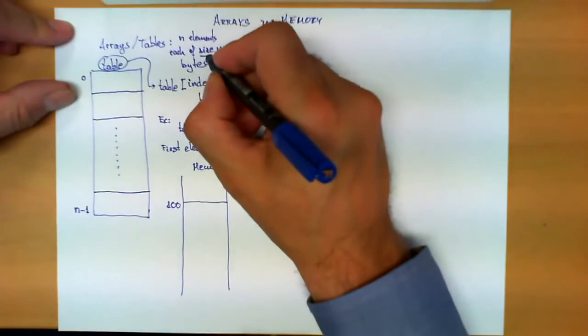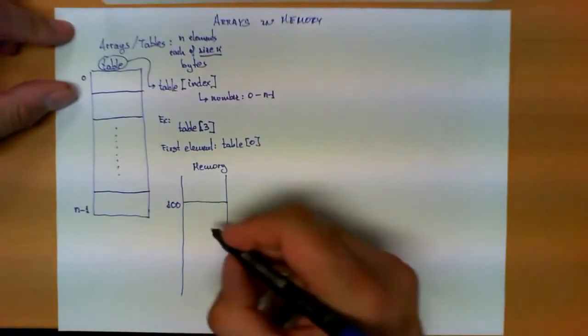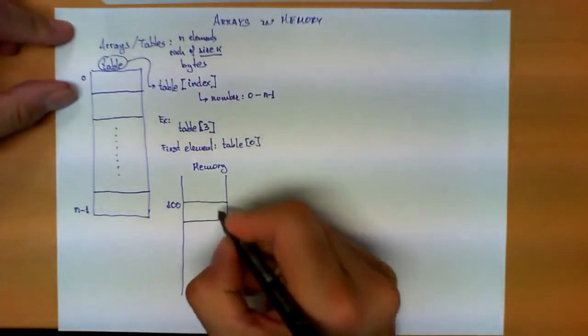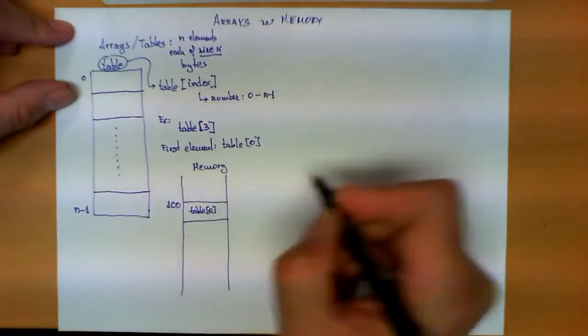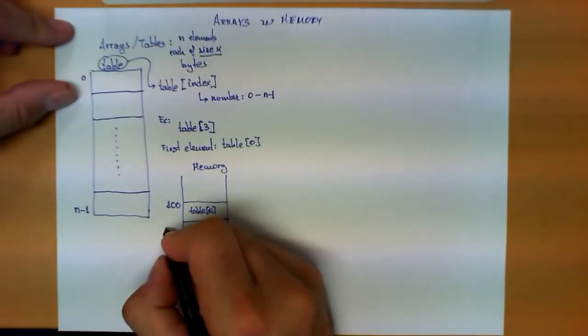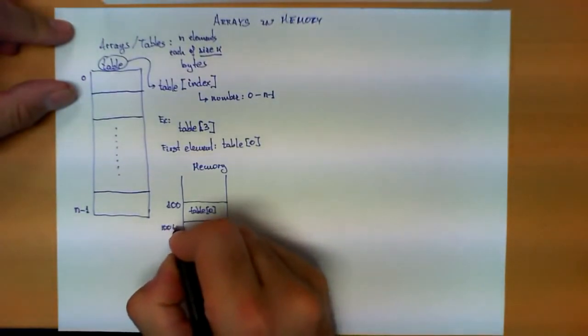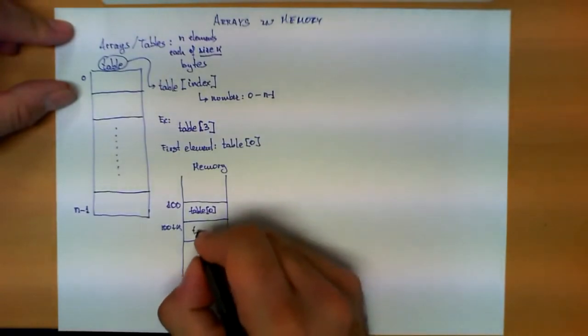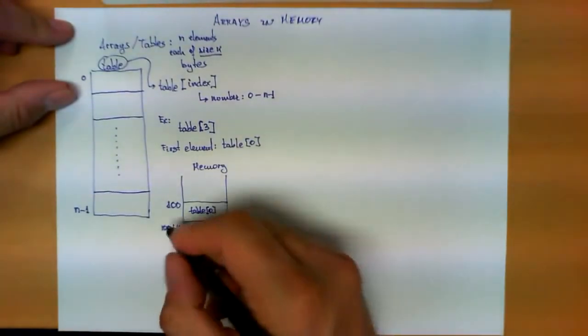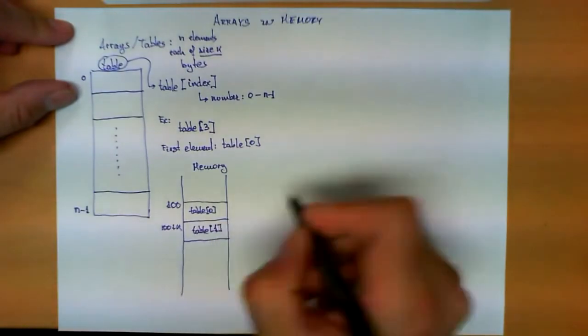Since we know that the table has elements of size k, the following element, this would be table of 0, will be stored in position 100 plus k, and we refer to that element as table, or whatever name we give to our array, 1.